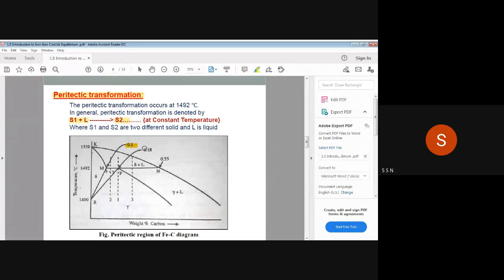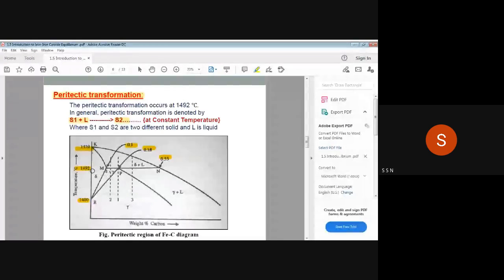The percentages of carbon during that transformation are very low, 0.1%, 0.18%, 0.55% of carbon, but the temperatures are very high. Those temperatures are nearly 1539, which is the melting point of pure iron, 1400 degrees Celsius, 1492 degrees Celsius.